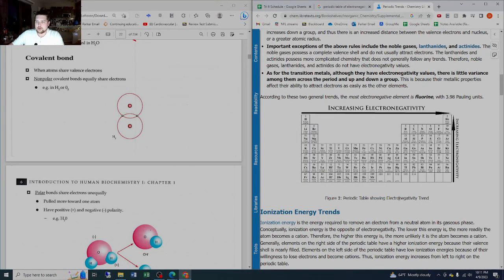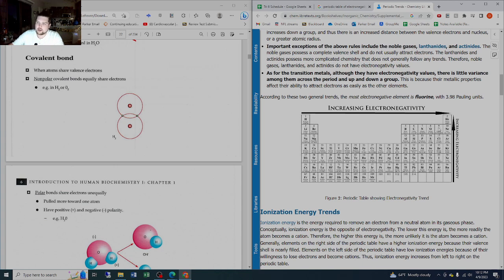As we move along our periodic table, we have increasing electronegativity from the left to the right. So as we go more and more to the right, we have greater electronegativity. And as we go from the bottom up, we have increasing electronegativity, meaning that these ones up here are going to have a stronger pull on those electrons.